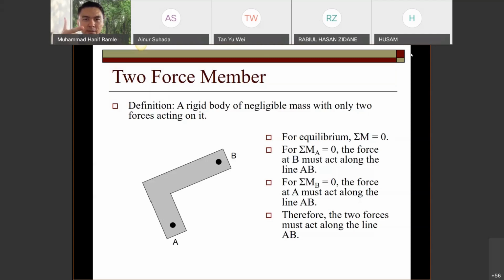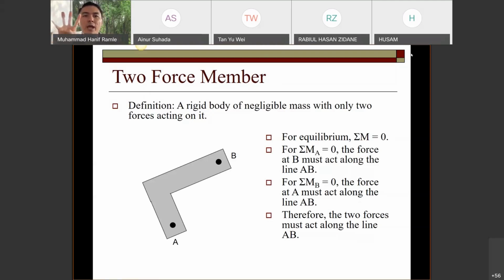If let's say the system has 4 unknowns, meaning that you have to write 4 equations at least. 1 unknown gives 1 equation, 2 unknowns give 2 equations, 3 unknowns give 3 equations, and 4 unknowns give 4 equations.